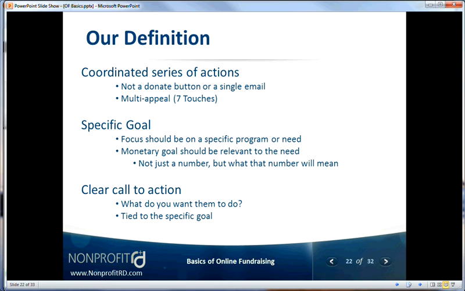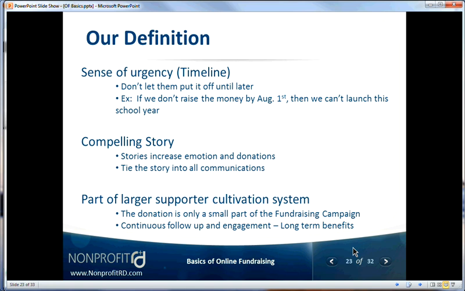People like to follow directions, so you give them that direction, they're more likely to actually complete the direction. So please do that, and tie that action to our specific goal. So click here to donate to the after-school program today is a much better call to action than please support us or donate now. You know what I mean? Give them the information you want them to do as well as how it's going to help. And I think you'll get a lot more click-throughs on that, which of course you can test in the program.